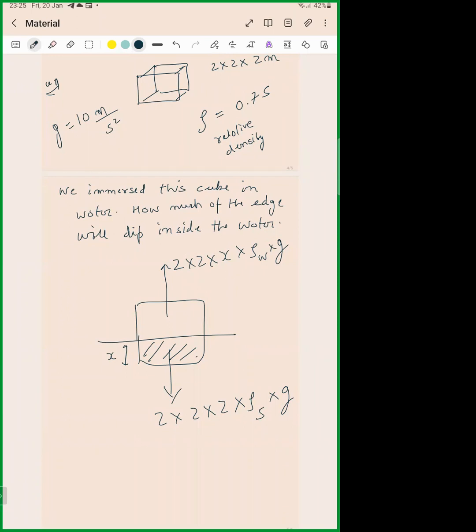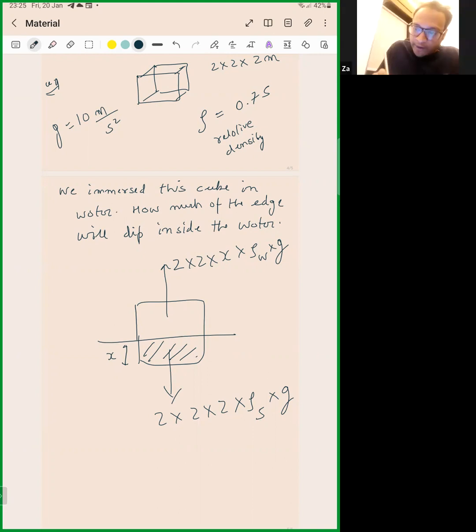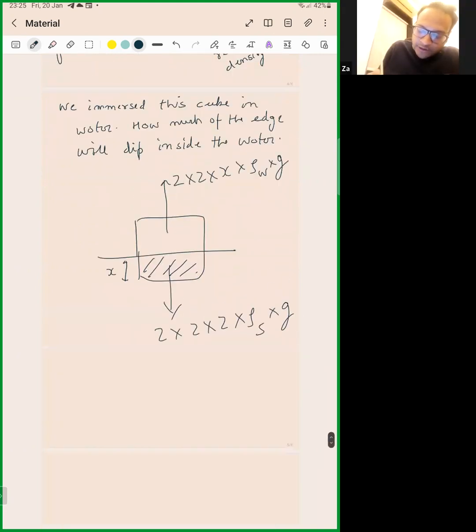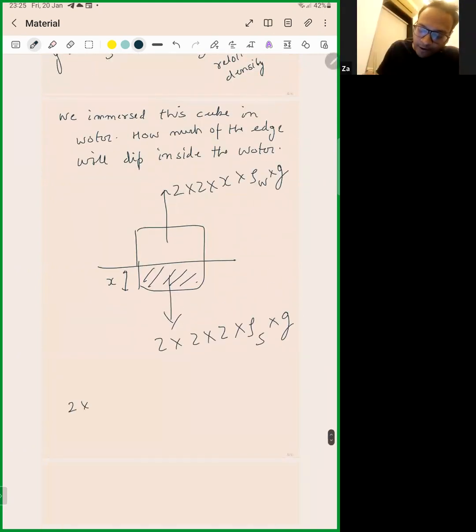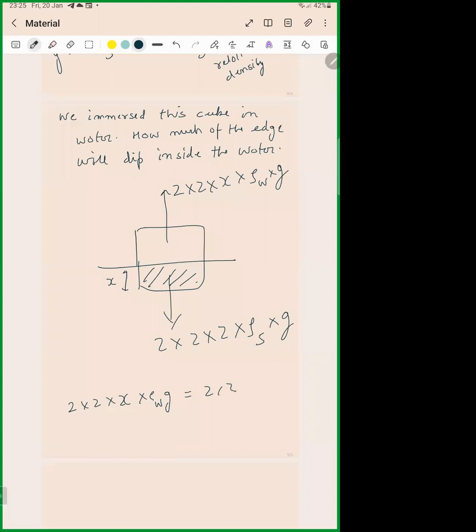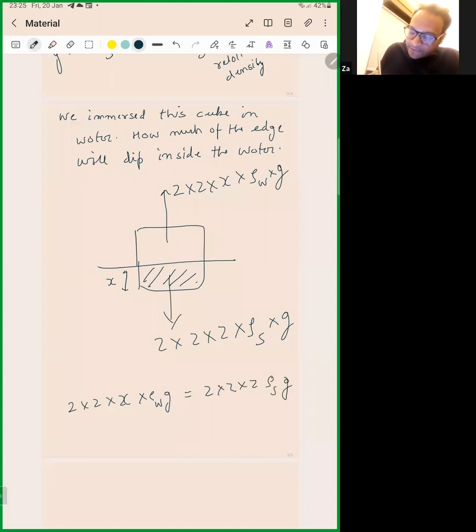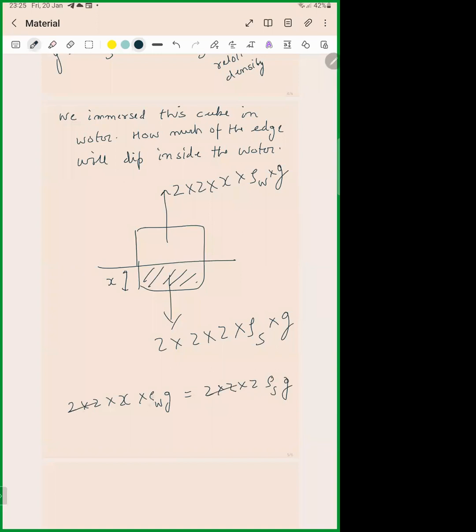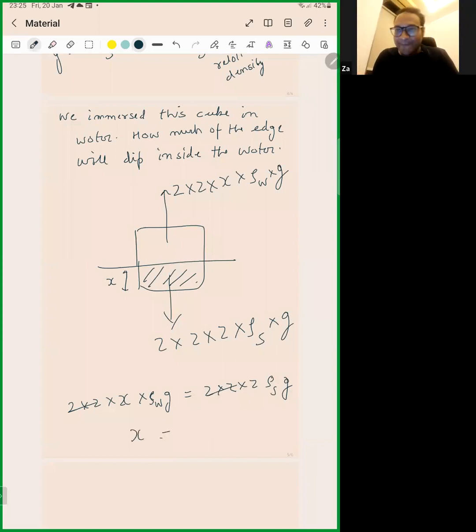Now you will say 2 into 2 into x into rho w into g is equal to 2 into 2 into 2 into rho s into g. And 2 into 2 got cancelled out. And I know that rho s by rho w is already given to me as 0.75. So x comes out to 2 times 0.75, right?